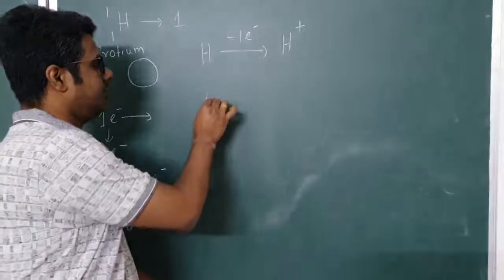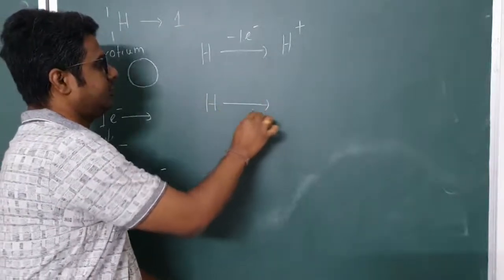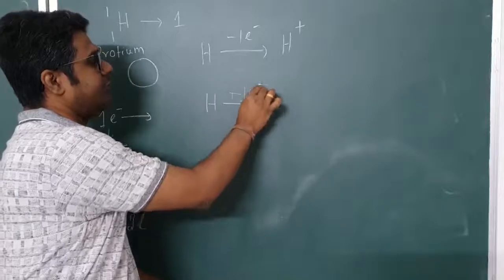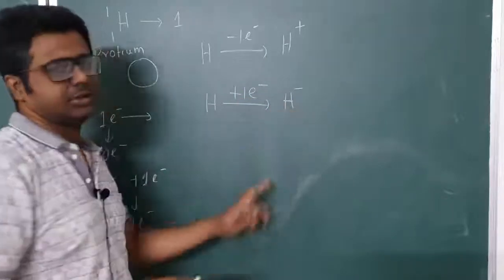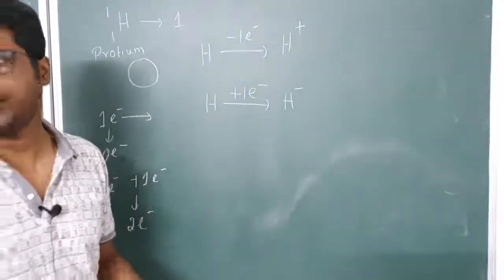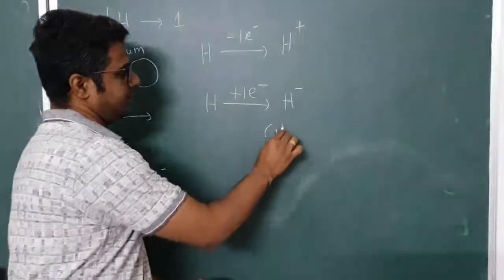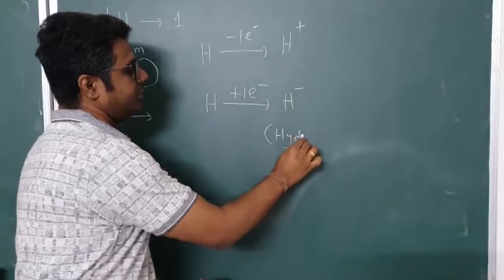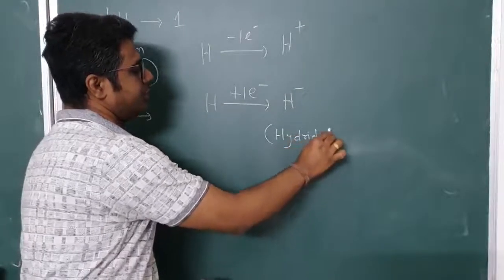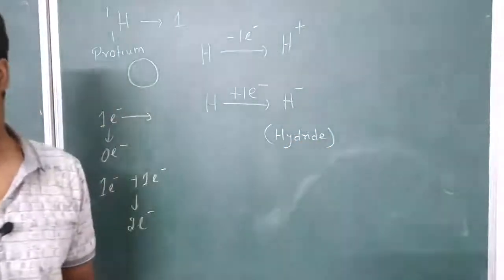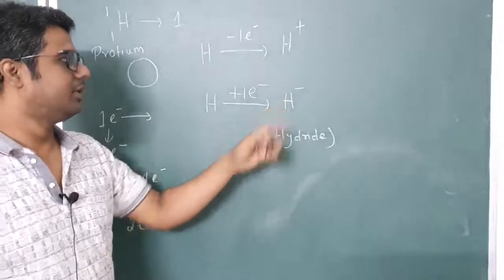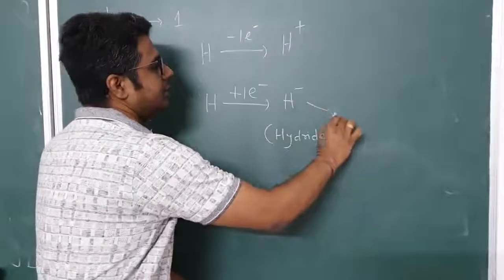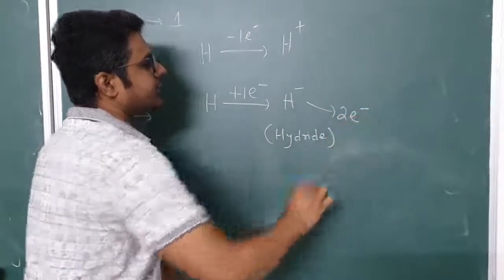Another is hydrogen can also take 1 electron from others and form an anion. This is called hydride ion, hydride, okay? Within this hydride ion, this configuration is basically a 2 electron configuration.